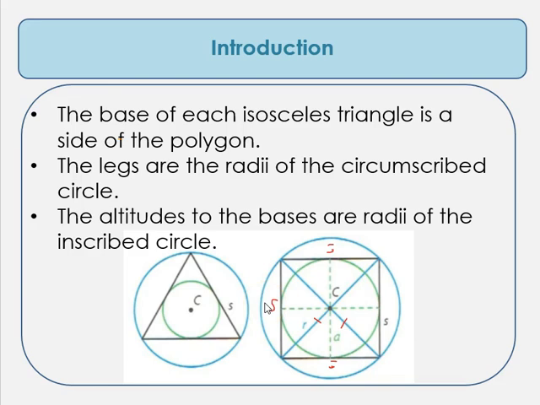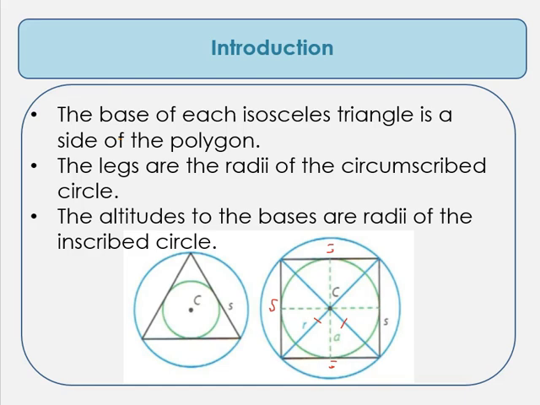The legs are the radii of the circumscribed circle. So a leg of one of these isosceles triangles is also a radius, and you can see that right here.